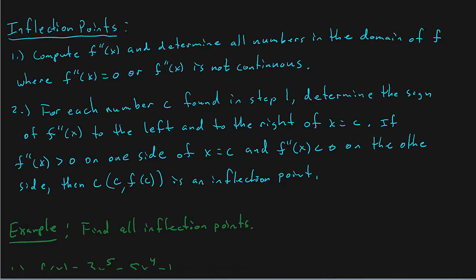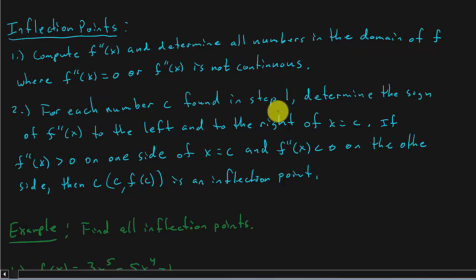The directions don't say find the concavity, find the concave up, concave down, but we have to do that in order to work some of the other problems. So we'll get more practice with that. All right, so inflection points. It says compute f double prime and determine all numbers in the domain of f where f double prime is 0 or f double prime is not continuous.